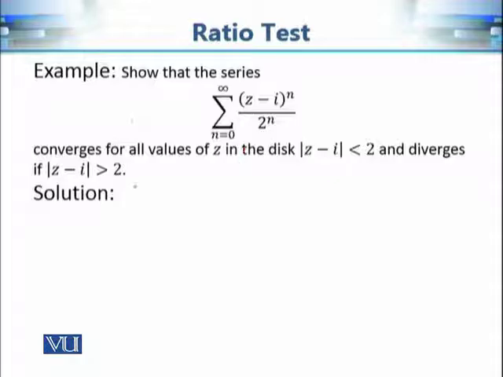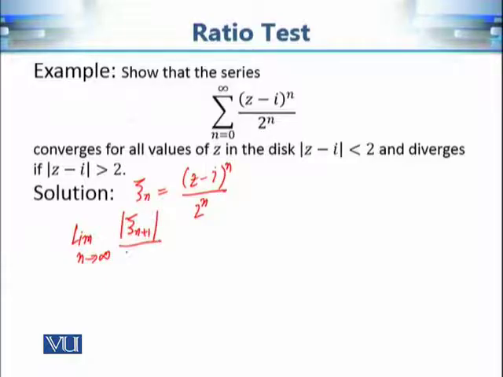In this case, what is the nth term? The nth term is going to be equal to (z minus iota) raised to power n over 2 raised to power n. So what do we want to calculate? We want to calculate this limit as n approaches infinity of the modulus of the (n plus 1)th term divided by the modulus of the nth term.